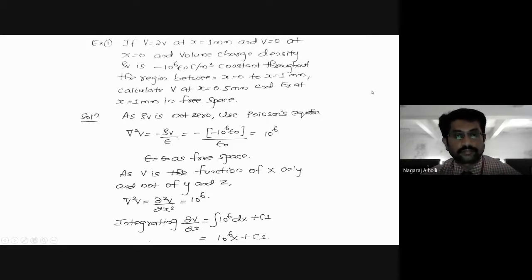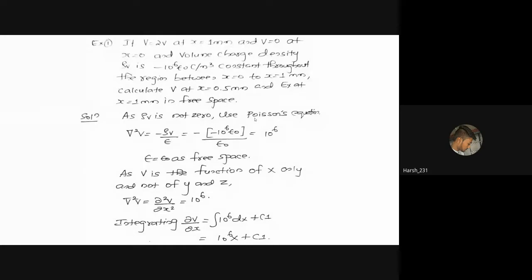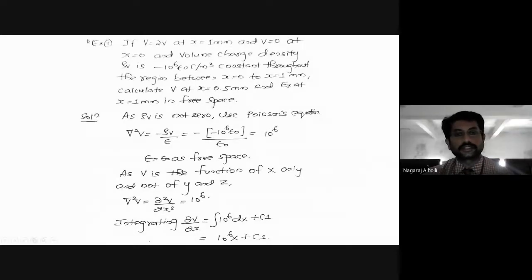Is it taken? Have you taken the statement, students? One minute. Okay. Note down the question. We'll solve it step by step.